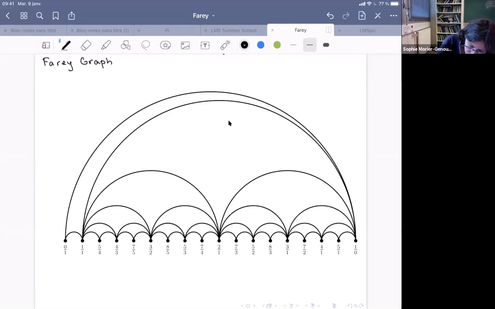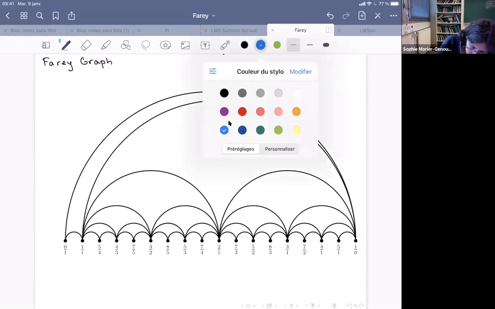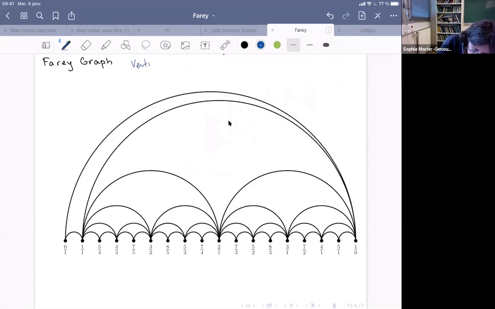So what is the Farey graph? For the vertices, we will have the rational numbers, including infinity. And for the edges, we will draw an edge between two rational numbers, always assuming they are written as irreducible fractions. You put an edge, usually as a half circle, whenever the quantity pq' minus p'q is plus or minus 1.